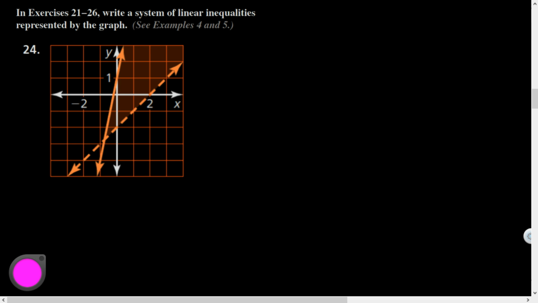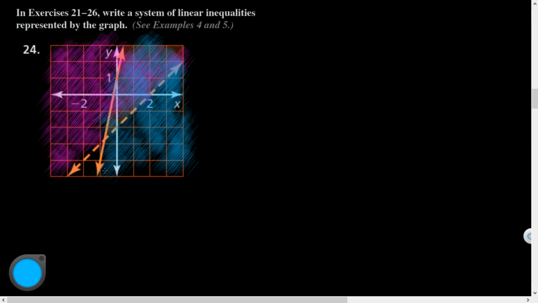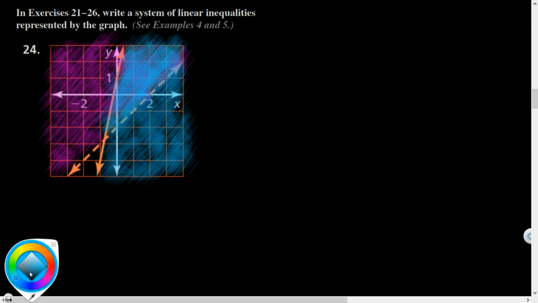Let me shade this a little bit better just so it's more obvious what's going on. So I'll call this the purple for that dashed line. And for the blue line, it looks like it had to have been shaded below in order for this to be the area that was the common region.